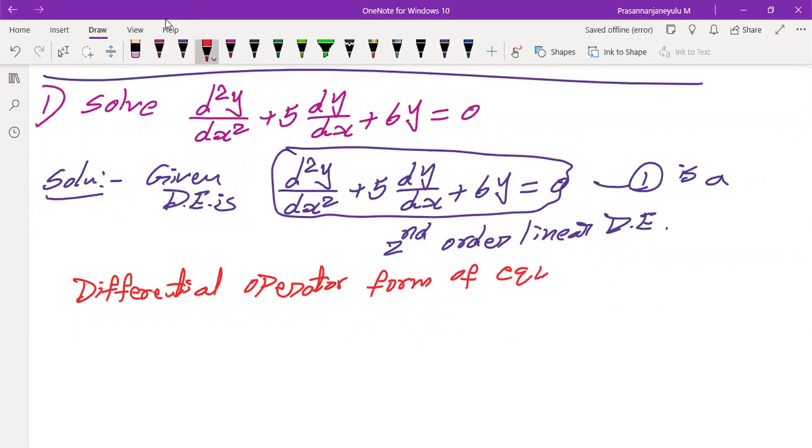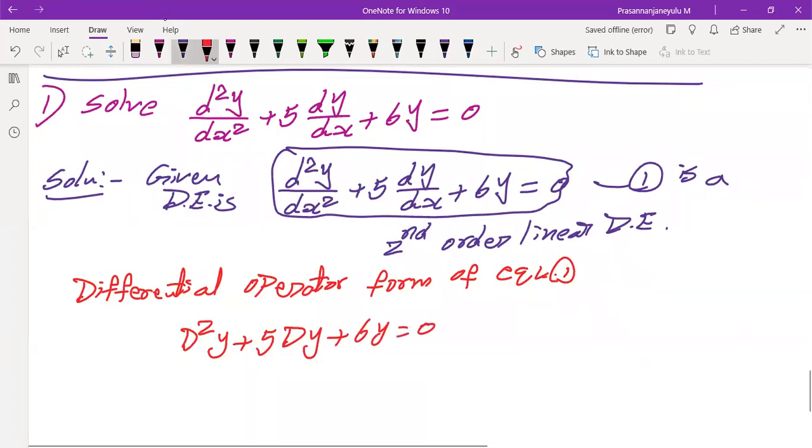In place of dy by dx, we substitute capital D y, and in place of d square y by dx square, capital D square y. So capital D square y plus 5 into capital D y plus 6y equals to 0. Taking y common as a post factor, (D square plus 5D plus 6) of y is equal to 0.